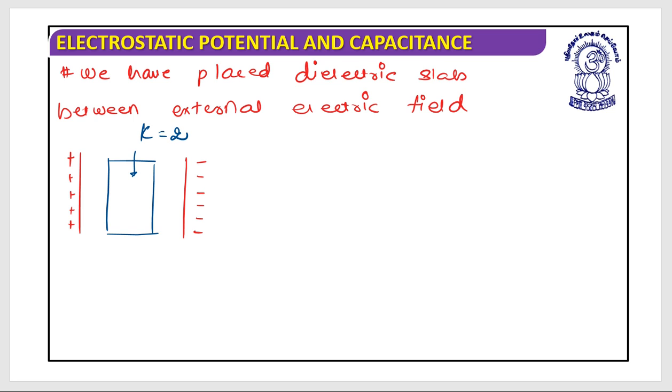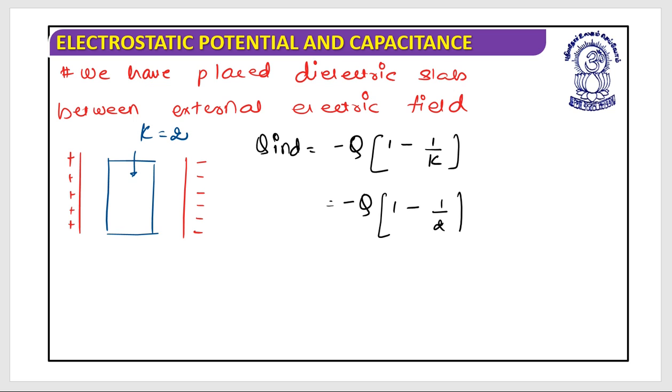So, if its K is equal to 2, let's find out the value of Q induced. This Q induced would be equal to minus of Q into bracket 1 minus 1 by K. So this would be minus of Q into bracket 1 minus 1 by 2, which is minus of Q into bracket 1 minus half, so this is half of the total charge.